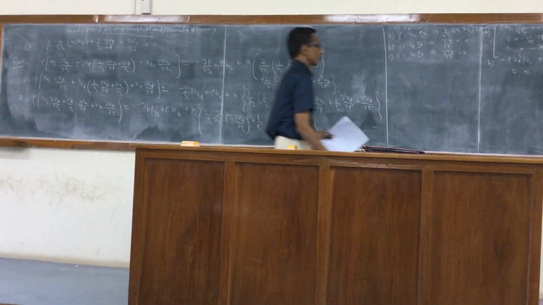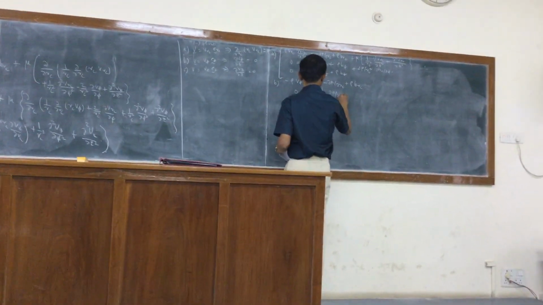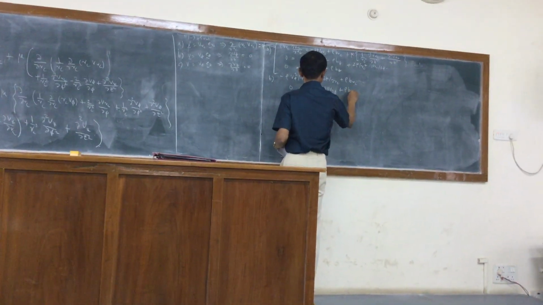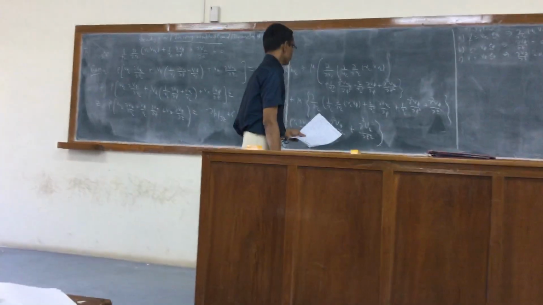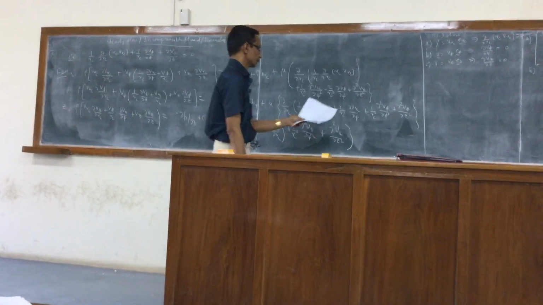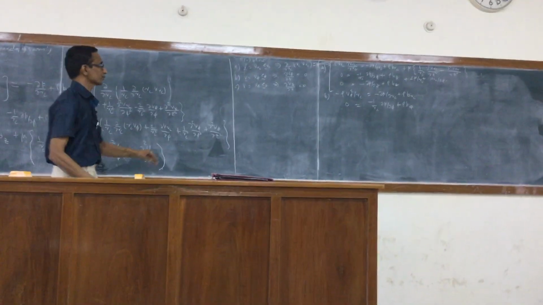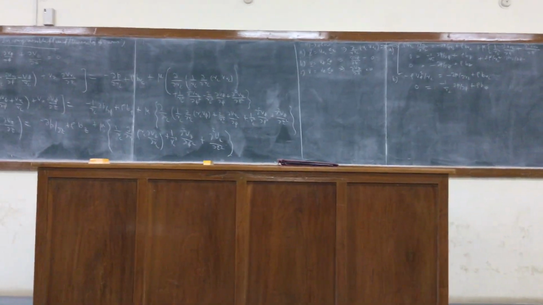Right? And then I have minus 1 over rc dp by d phi plus, obviously, all the d by d phi, since V phi is independent of phi, so this is 0. Right?